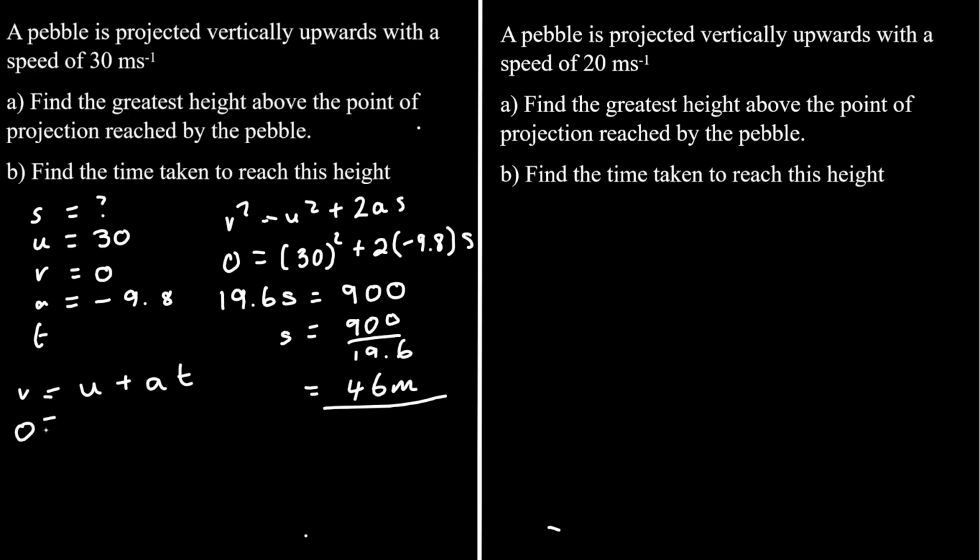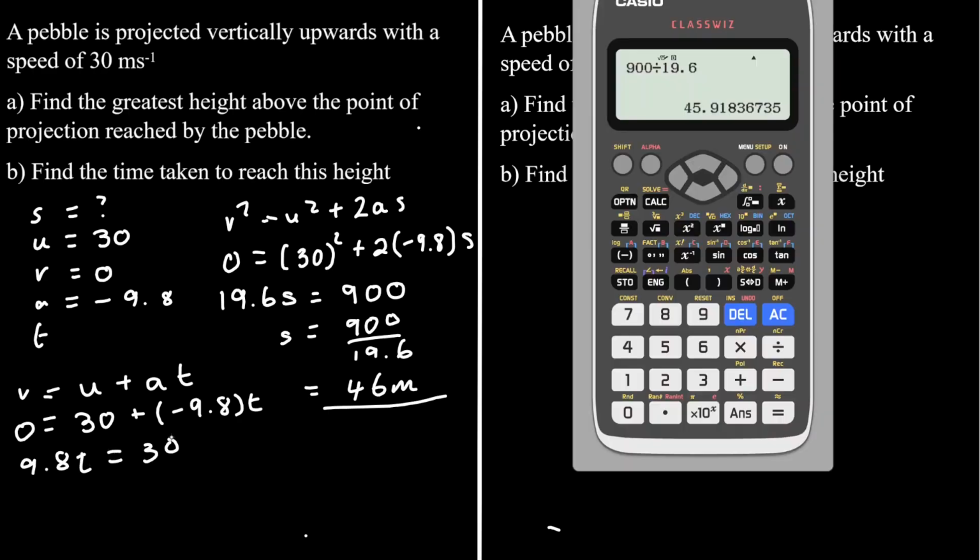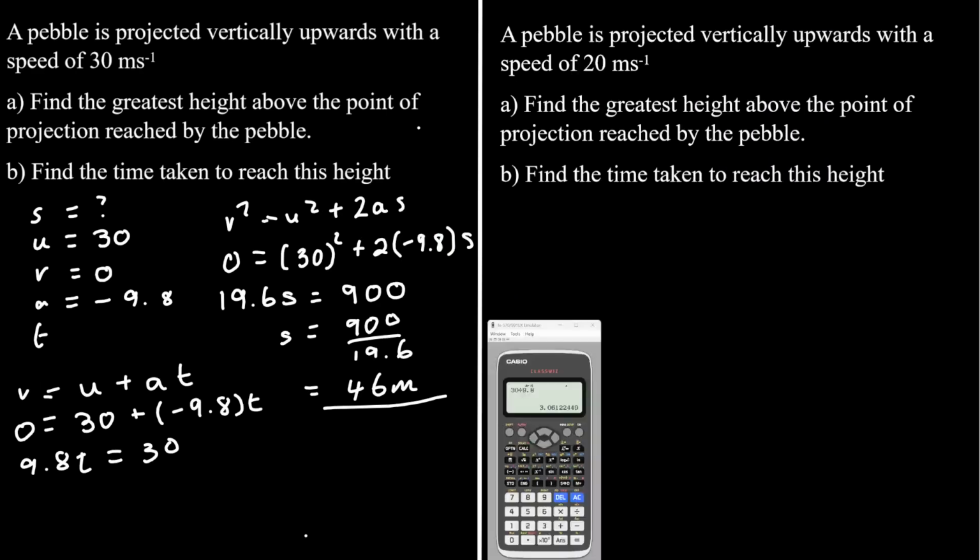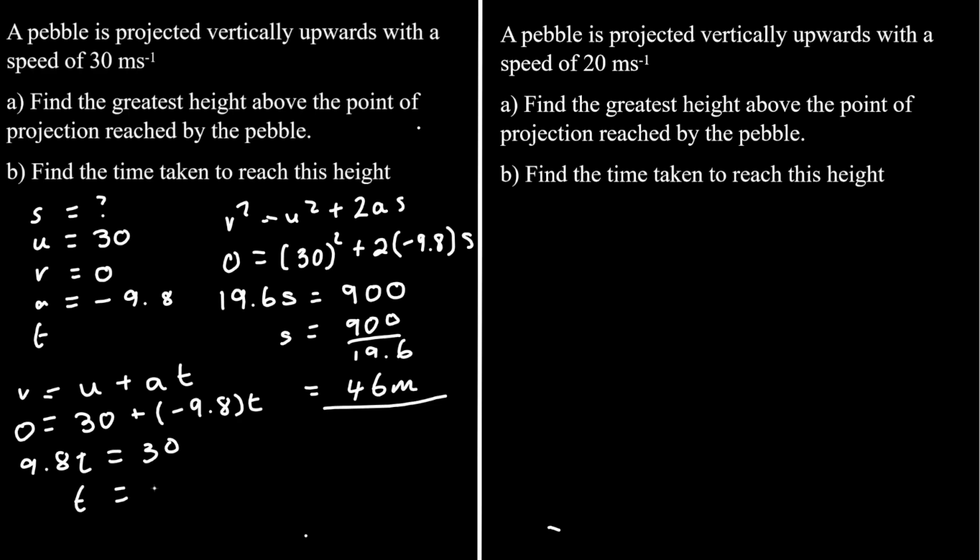So 0 equals 30 plus minus 9.8 times t. So plus the 9.8t to both sides. 30 divided by 9.8. And that is 3.1 seconds.